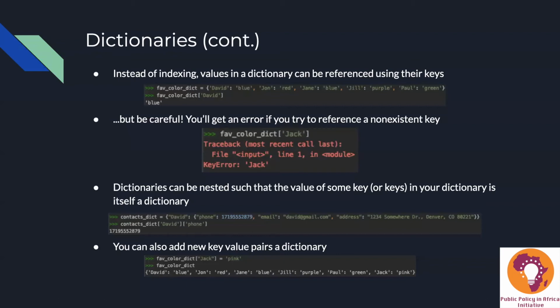Color, the value is their favorite color. So you can keep having nested dictionaries infinitely, but of course it's got to be practical. You've got to make sure it's the right data structure, because maybe at some point, when you're nesting infinitely, it's not the right data structure, or maybe there's just a better way to store it, but it's definitely possible.